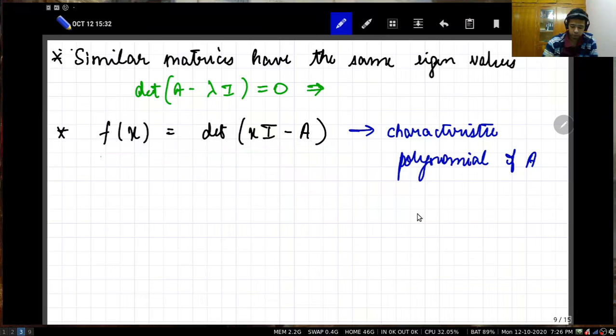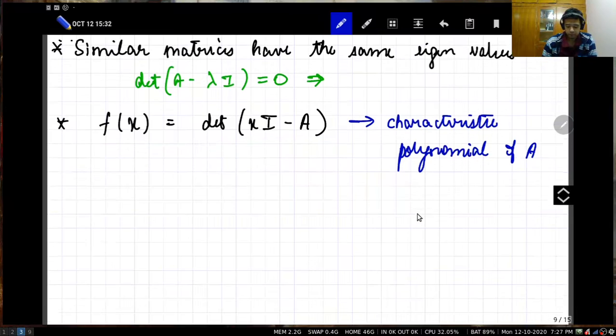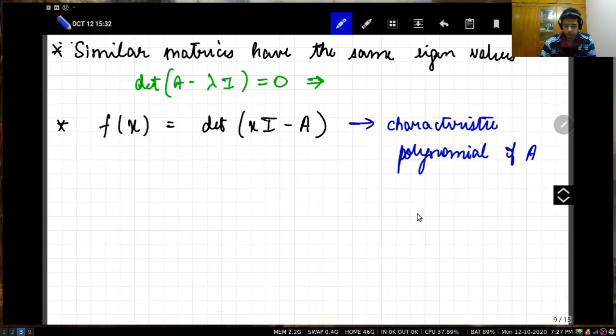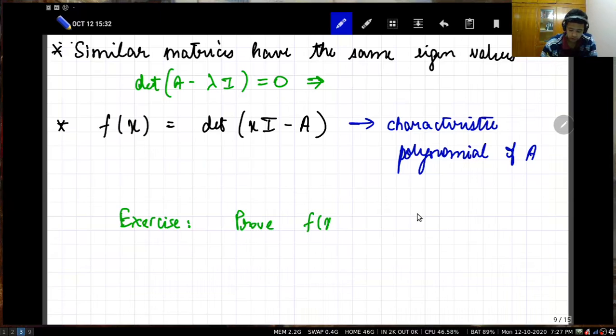So first, even before we get to that point, what you should convince yourselves is that this is indeed a polynomial in x. So here's an exercise. Prove that f of x is a polynomial and find the degree of this polynomial.